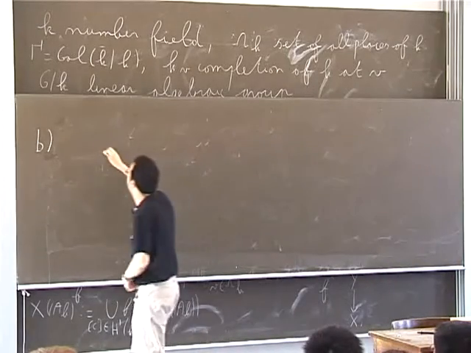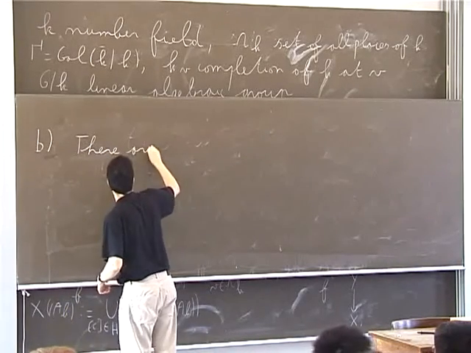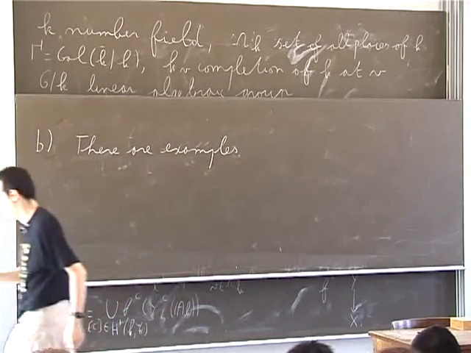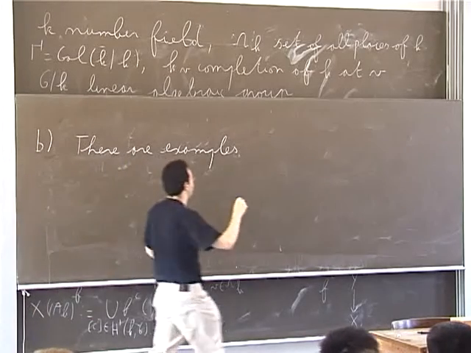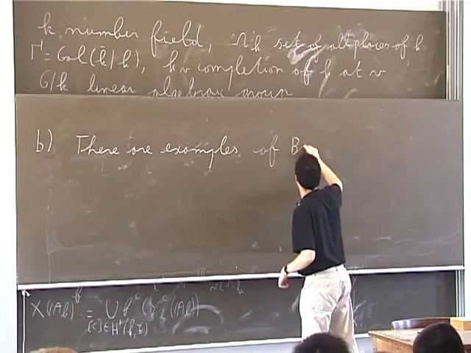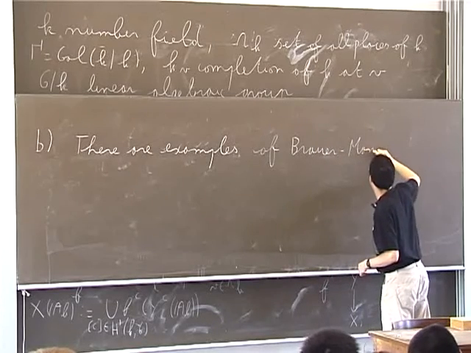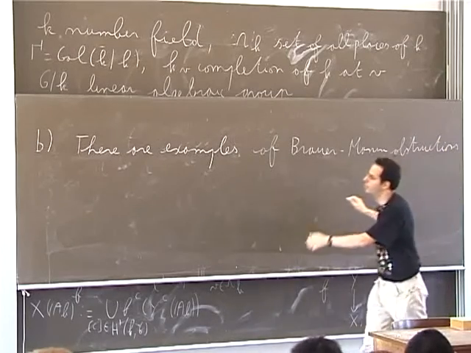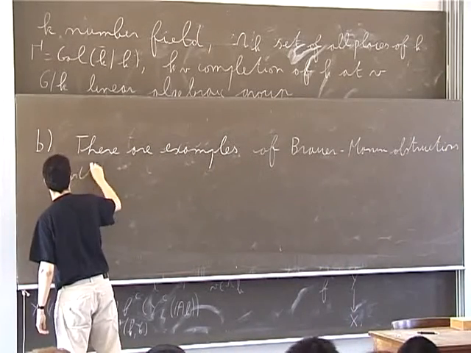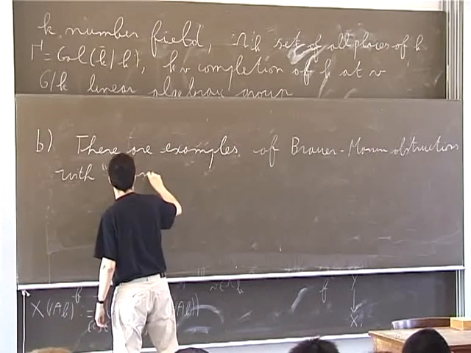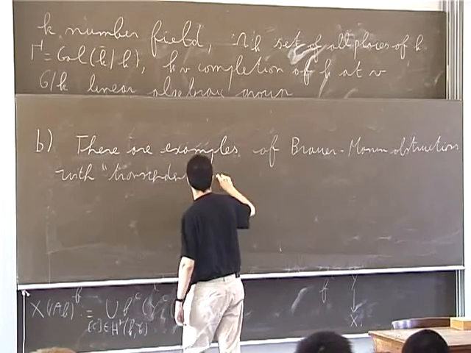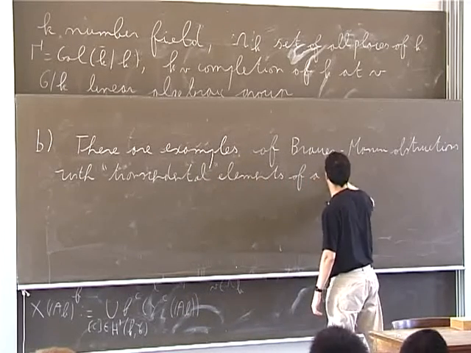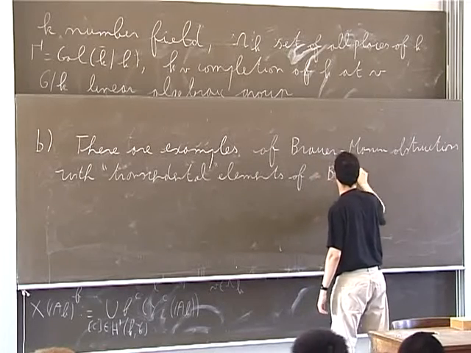So there are examples of Brauer-Manin obstruction with transcendental elements of the Brauer group.